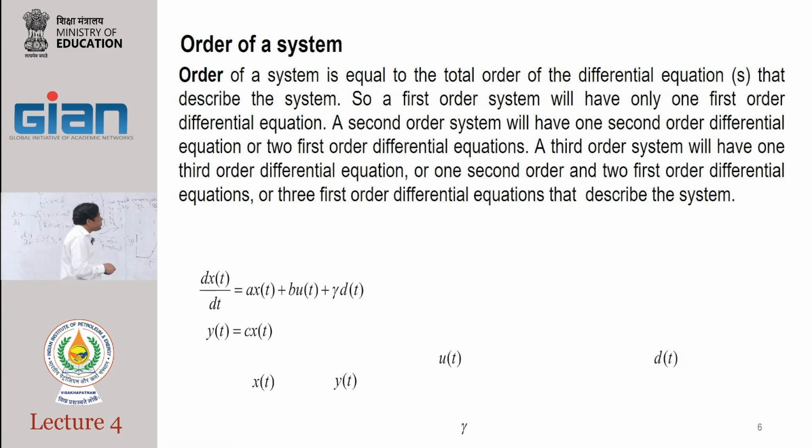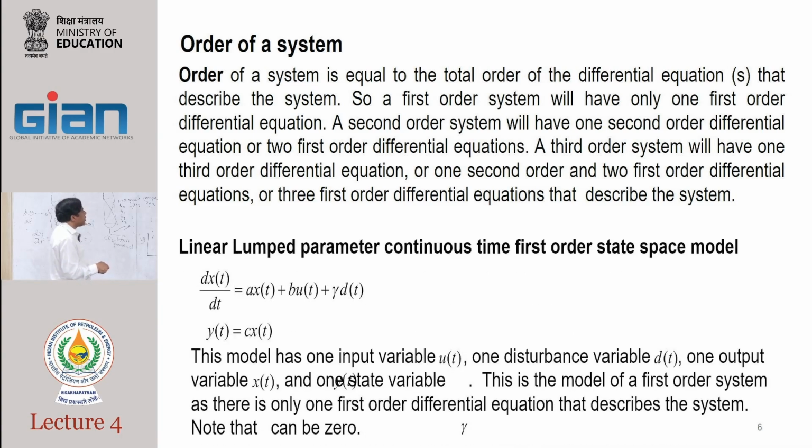Now, I already said that the order of the system is actually very important. First order means that we have one differential equation, second order we have two first order equations, and third order, and so on and so forth. So the first and simplest one is what you have studied mainly in your controls class and solved.